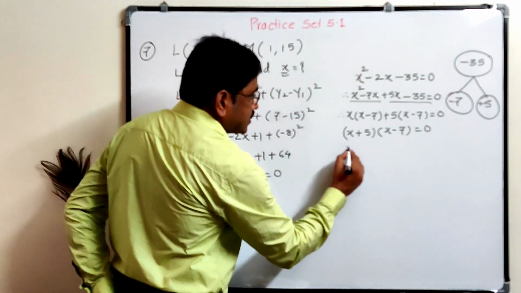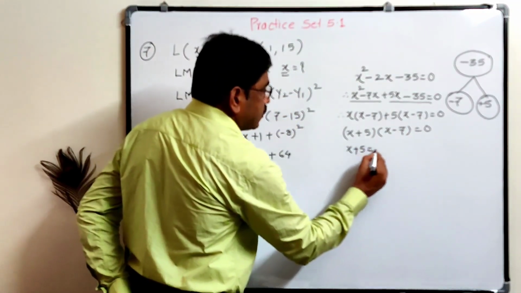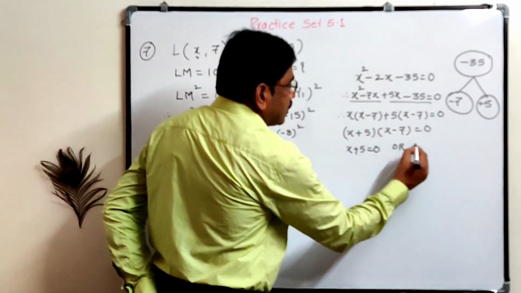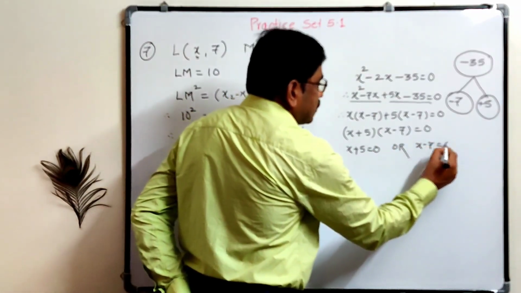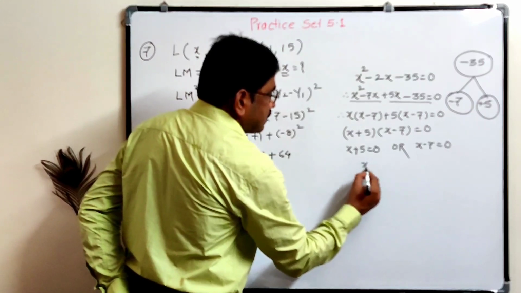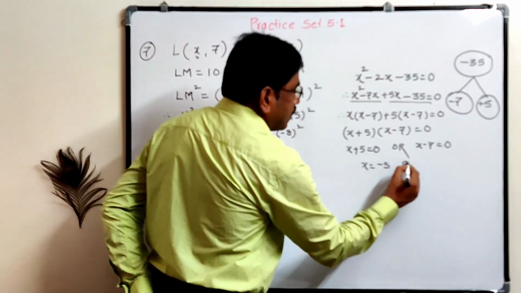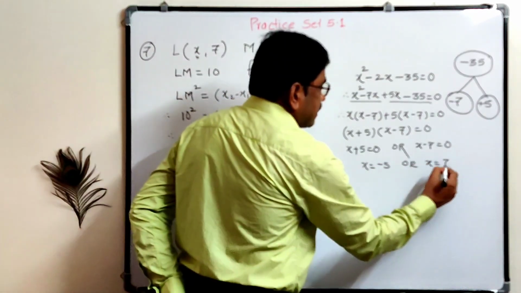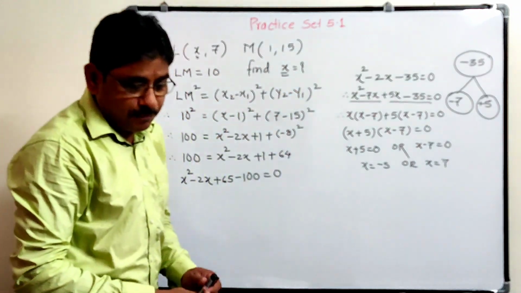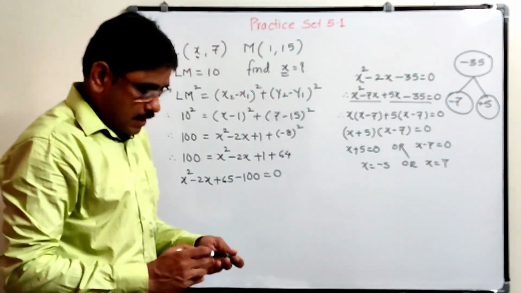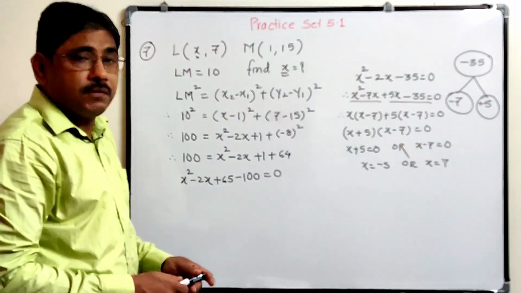Therefore x plus 5 is equal to 0 or x minus 7 is equal to 0. Therefore x is equal to minus 5 or x is equal to 7. So these are the possible values of x. x is equal to either minus 5 or 7.